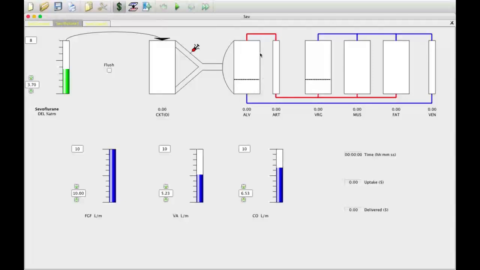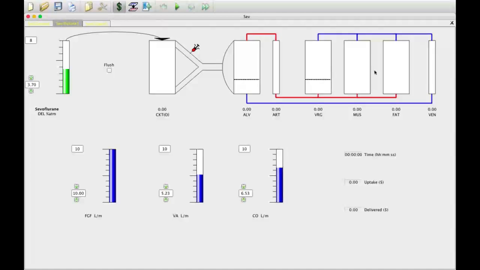Next is the alveolar volume, essentially our lungs. In these two narrow columns, we will find arterial and venous blood. There will be fast and slow compartments, in this case mainly muscles as hydrophilic and fat as lipophilic.